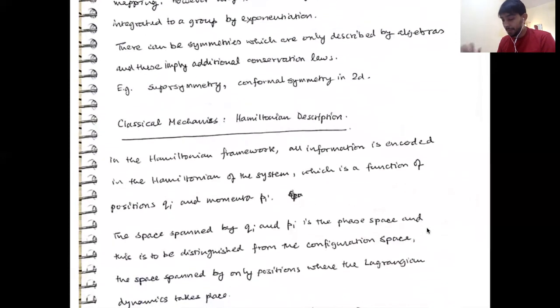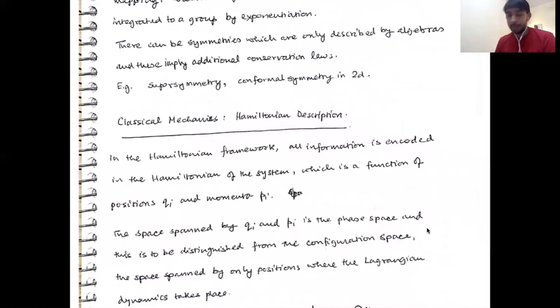So what happens in the Hamiltonian framework? In the Hamiltonian framework, as you know, all information is encoded in the Hamiltonian of a system, which is now going to be a function of positions q_i and momenta p_i, okay? The space which is spanned by these p_i's and q_i's is called phase space.